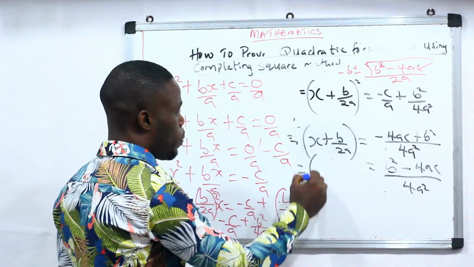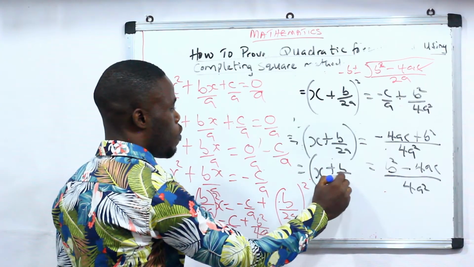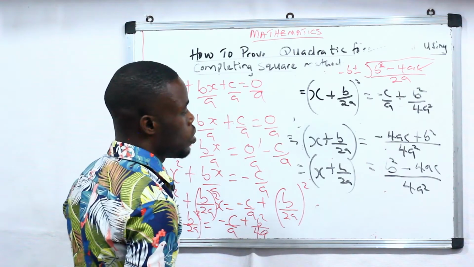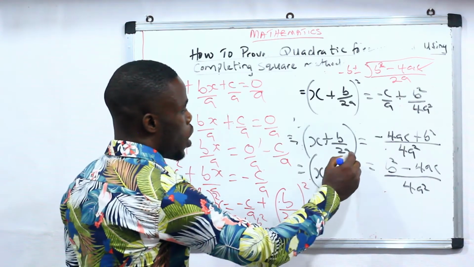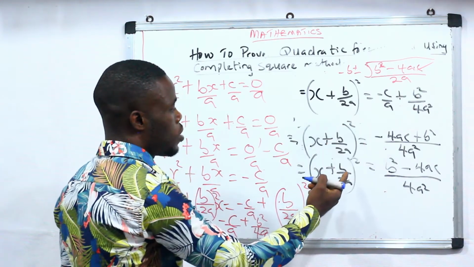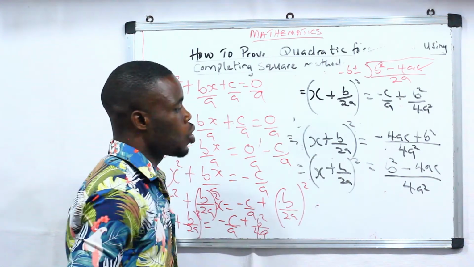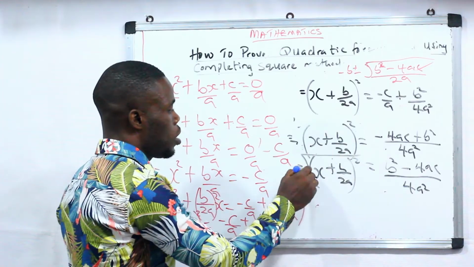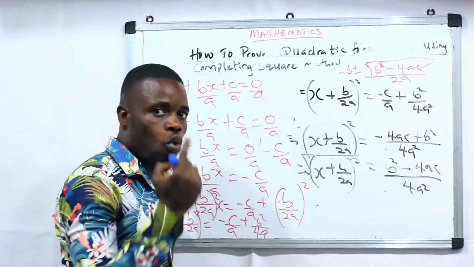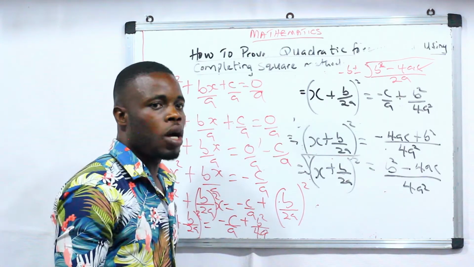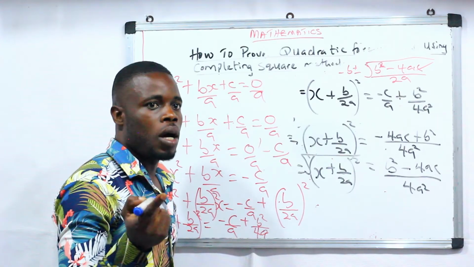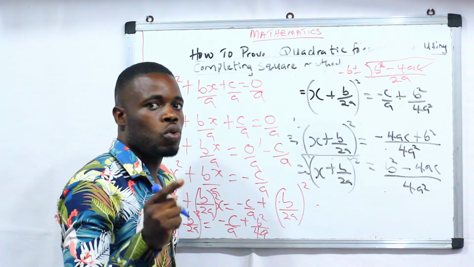So we are still going to repeat this x plus b over 2a. Therefore, when you have the square of this and we want to make x the subject formula, what we need to do is square root both sides. Remember, square root is 2 and square is 2. So square root can cancel square, and likewise square can also cancel square root.